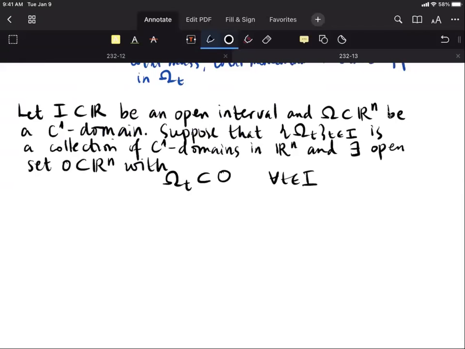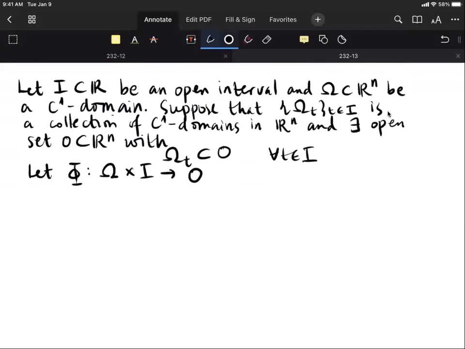Now, let us consider a map phi. Let phi be a mapping on omega cross I into the open set. So this is what?